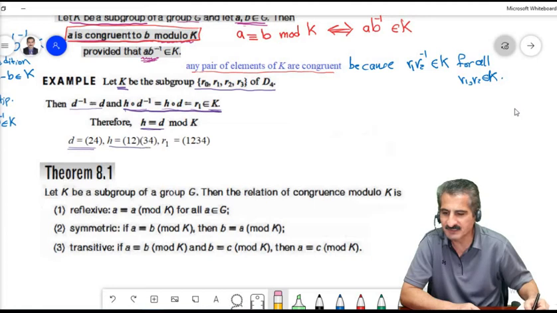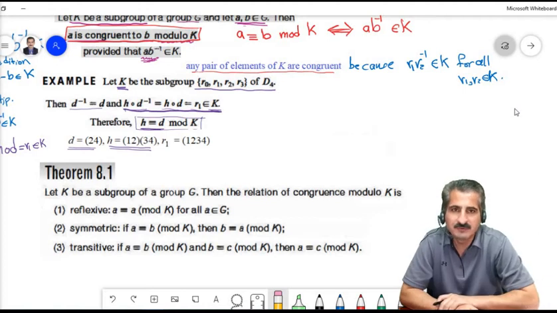This is H. Now compose H with D. Let me write it here. Make sure H compose D. Sorry for that. H compose D equals R1, which belongs to K, and therefore we will say that H and D are congruent modulo K.